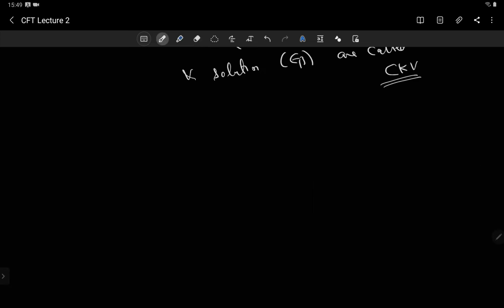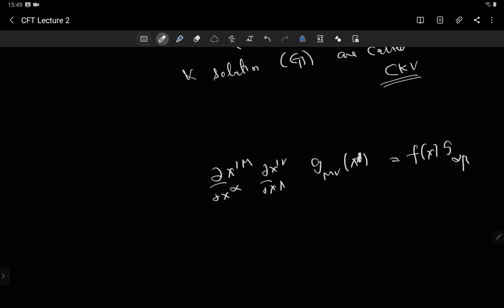So what you'll have is del x prime mu, del x alpha, del x prime nu, del x beta times G mu nu of x prime is equal to f of x times G alpha beta. So there is a prime here also. Actually, I should write prime here also, because the new metric is f times the old one. This is the correct equation.